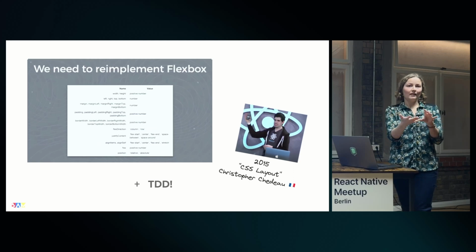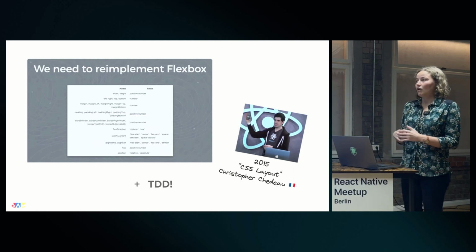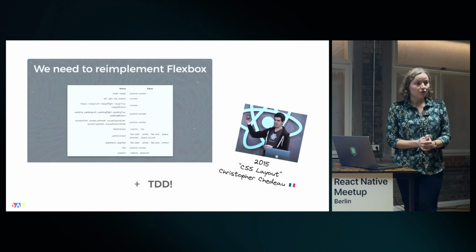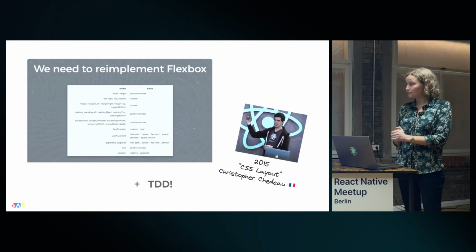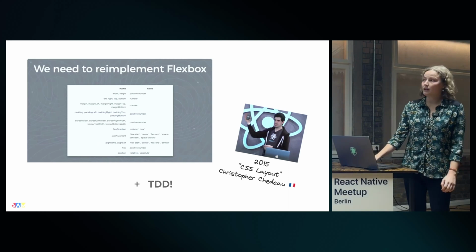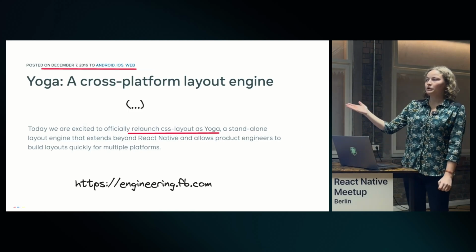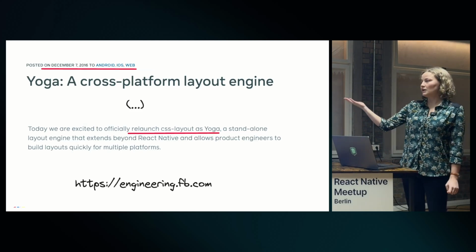And by iterating like that, they quickly delivered a pretty good implementation of the Flex algorithm. It's quite remarkable. And then Meta open sourced it 1 year after under the name of Yoga.